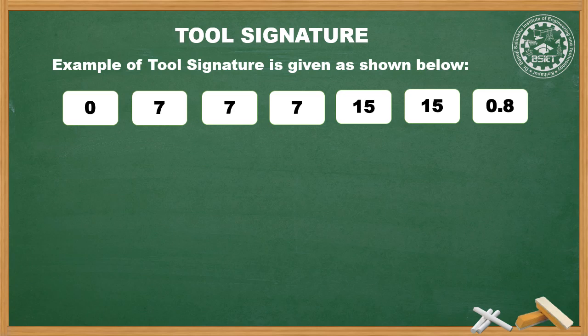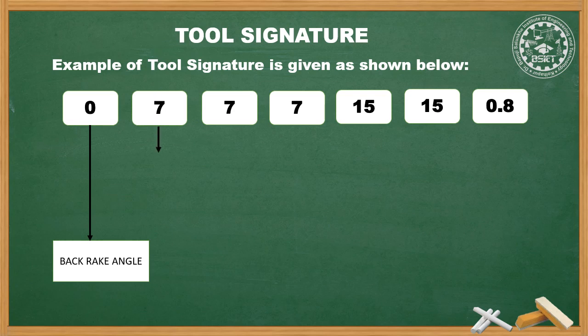In this, each box contains a significance. For the first box, the 0 stands for the back rake angle, that is 0 degrees. 7 stands for the side rake angle, that is 7 degrees.